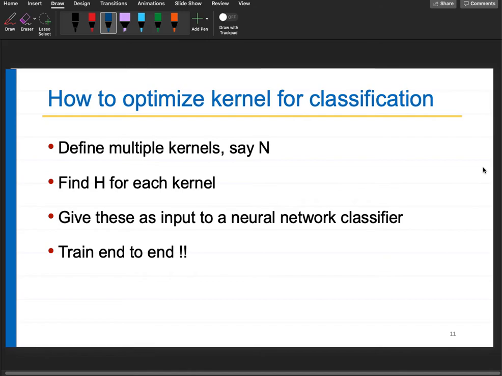Now use this H as input to your neural network classifier, which you have already seen. Take a simple feed-forward neural network, with no hidden layer is also fine, or like one hidden layer. And then finally the output layer, which is your classification layer. If you are doing multi-class classification, take it as a multi-class classification layer, which means what kind of nonlinearity? Softmax nonlinearity.